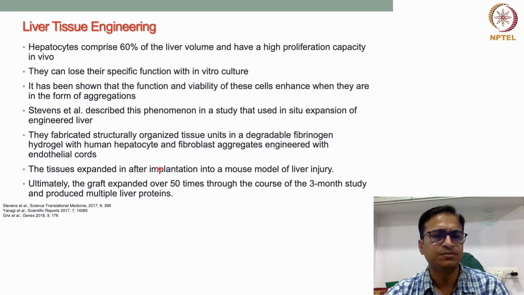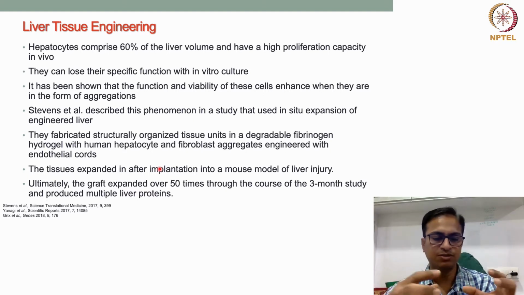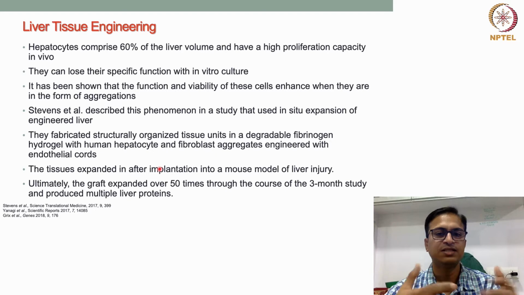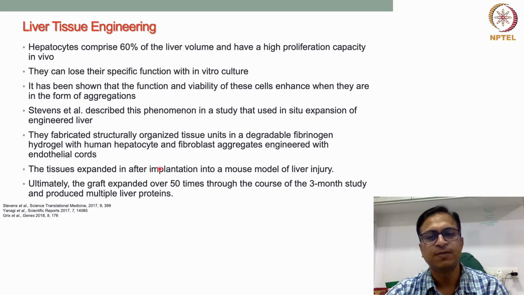But it has been shown that the functional viability of the cells can be enhanced when they form aggregations. If we culture them together and they form aggregations, then the viability of these cells is enhanced. That's the way by which we can devise our strategy for liver cell culture.